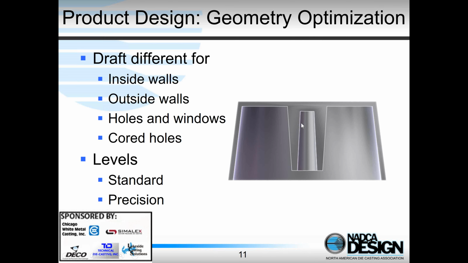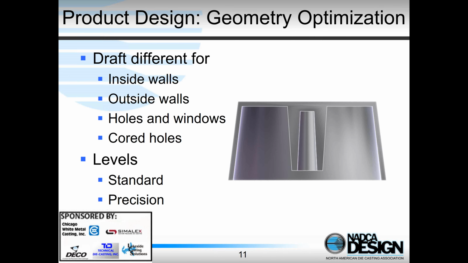But if you look at this inside surface here or the inside surface here, these two are going to shrink inwards, but they're going to shrink towards the die surface, and so it's going to shrink around that feature and grab on an inside feature rather than an outside feature. So we tend to need more draft on these inside features than we have on the outside.